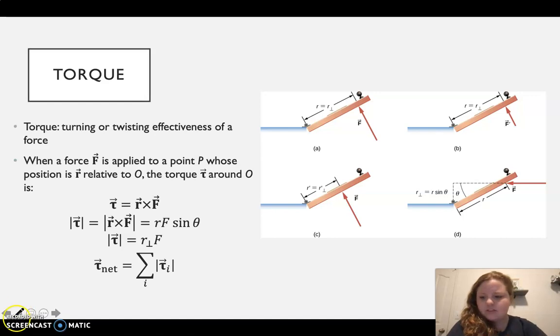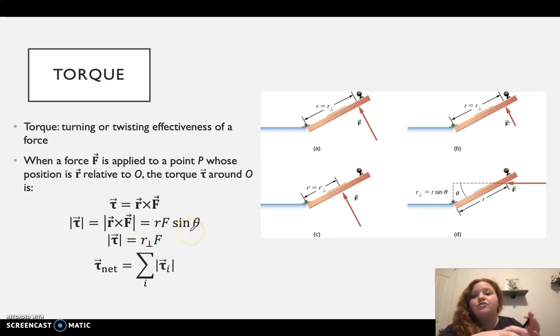When a force is applied to some point whose position is r relative to O, the origin, the torque around O is going to be tau equal to r cross F. The magnitude of a cross product is rF times sine of theta, or we can rewrite this as r perpendicular times F.